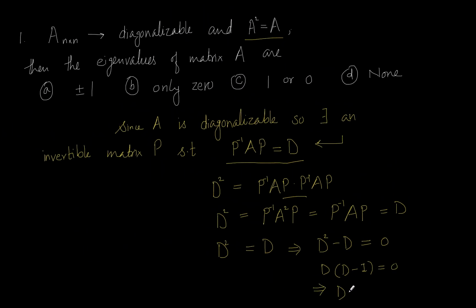So either D is a zero matrix or D is an identity matrix.